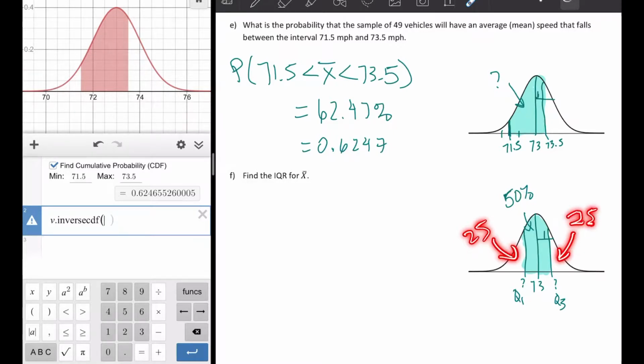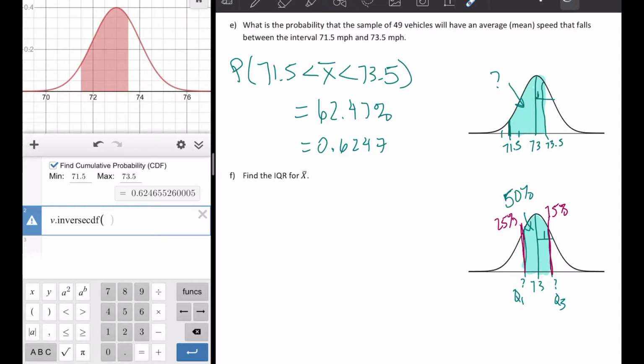Add those up: 25 plus 50 plus 25, you see we get 100. Right here, this is the 25th percentile, and right here, this is the 75th percentile. Remember, this inverse norm only works for less than.